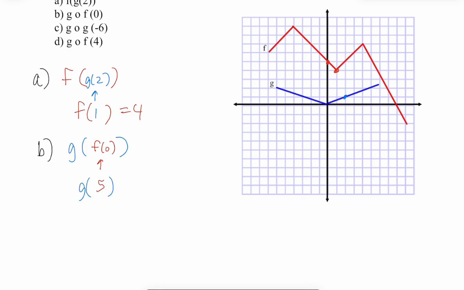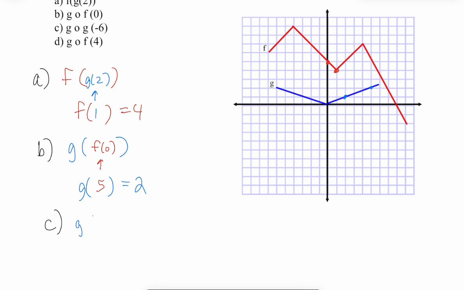And then we're going to go to the g function, and we're going to say, what is the height on the g function when x is 5? Let's assume it hits there at 2, just to make our lives a little easier, okay? So that's that. For C, we're going to use the g function twice.